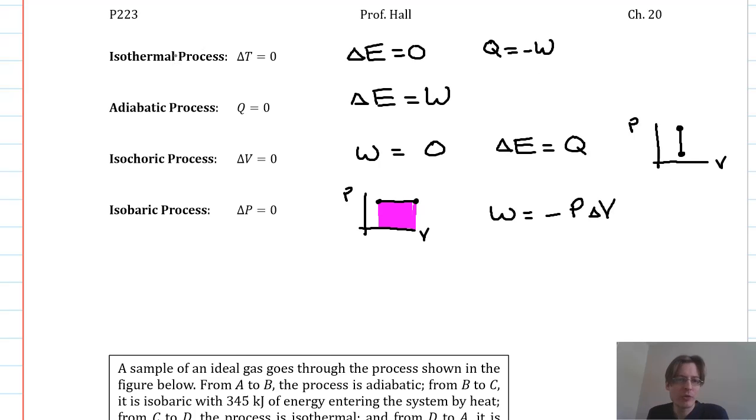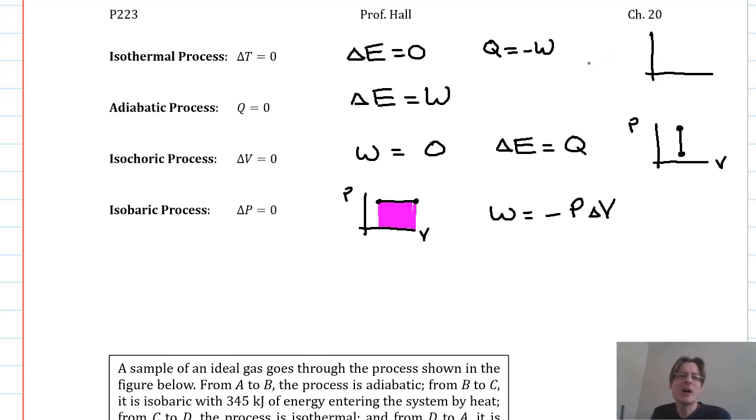Now let's look at the isothermal process. Isothermal process, there's no change in temperature. That means as it expands from some small volume to a larger volume, you keep the temperature fixed. What does that mean? And what does the diagram look like then? Well, T stays constant.